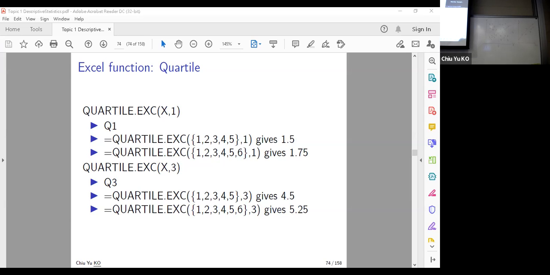Good. Now we can talk about variance. We learned there are 2 types. It's called VAR.P and VAR.S in Excel.